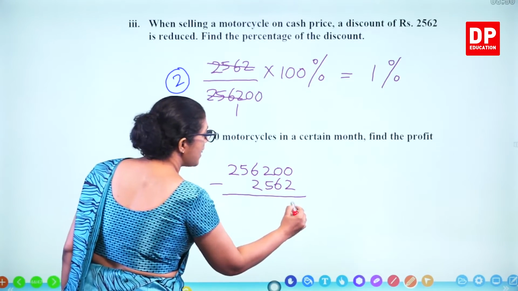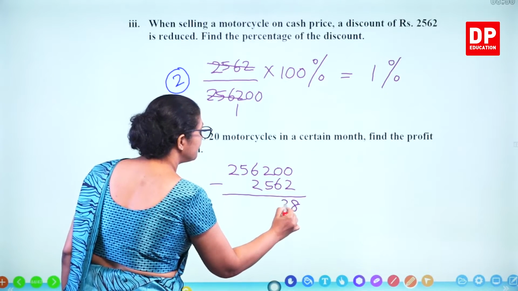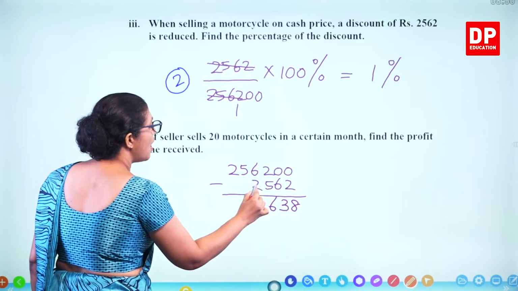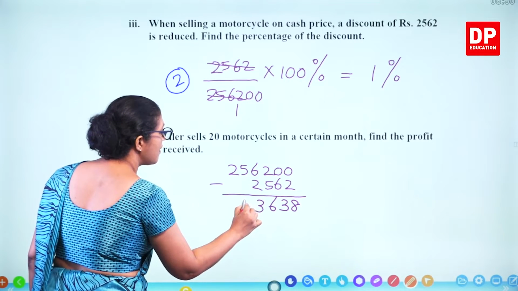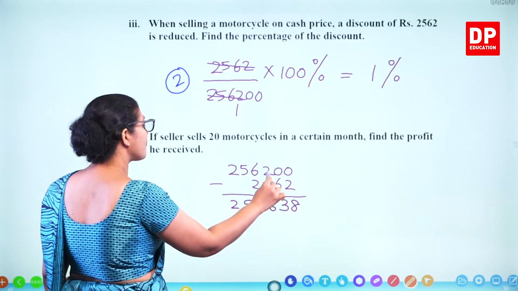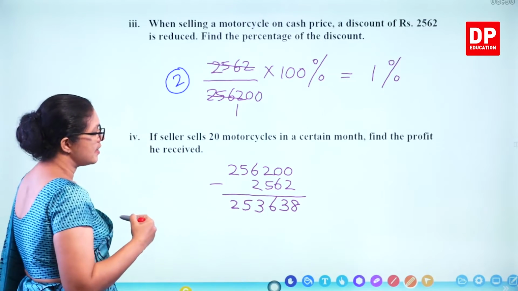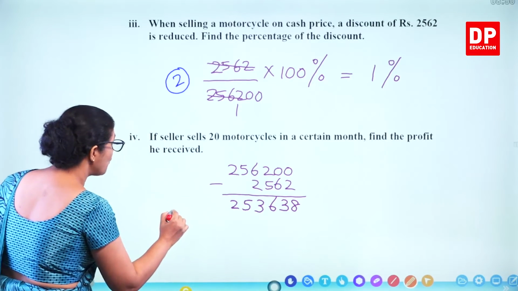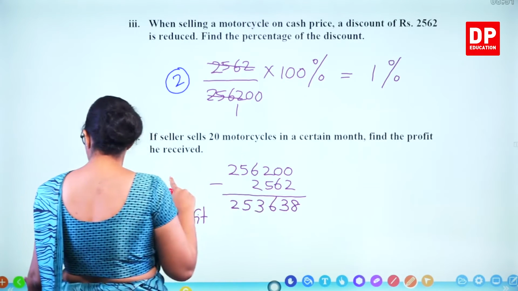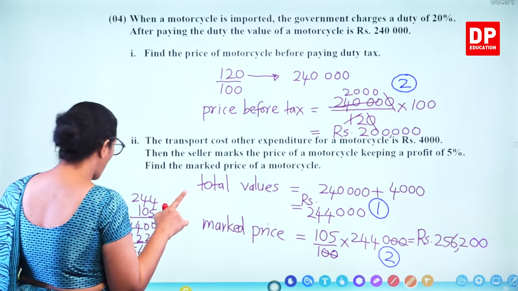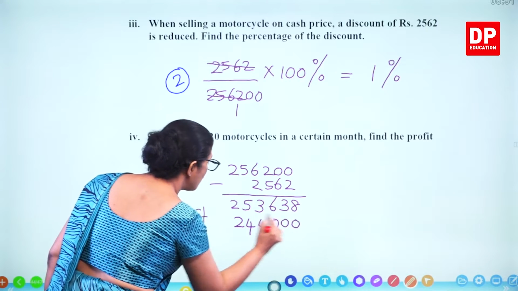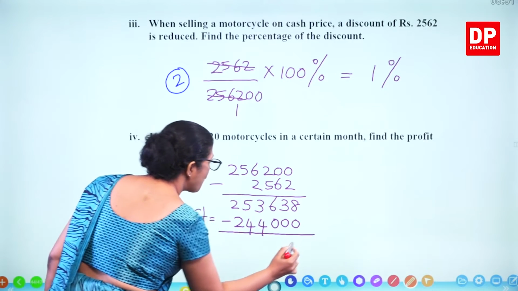Subtract these two and you get this amount. So now how can we find out the profit? You need to subtract the total expenditure, that's 244,000 rupees. You have to subtract 244,000 rupees to get the profit.